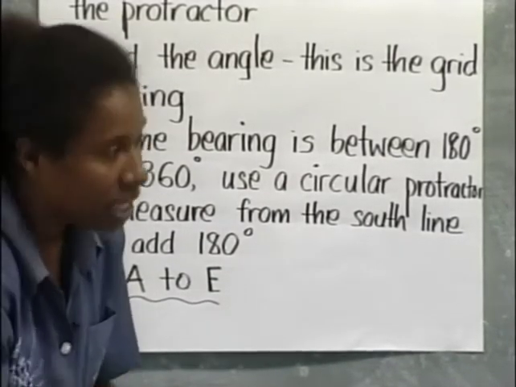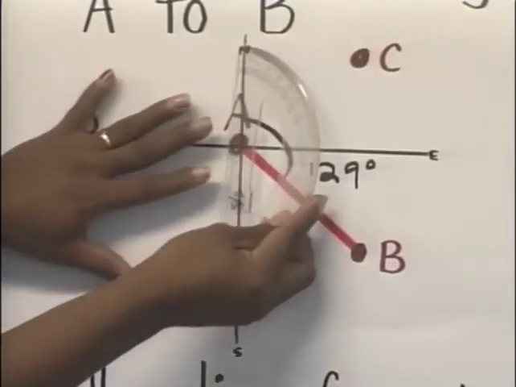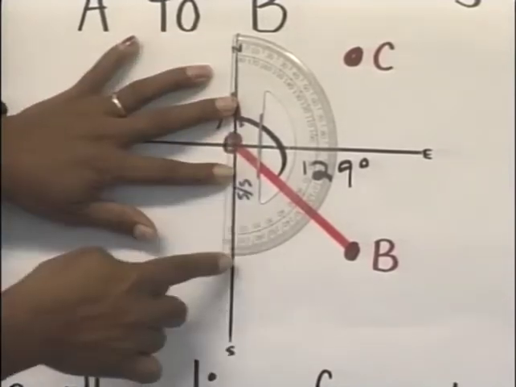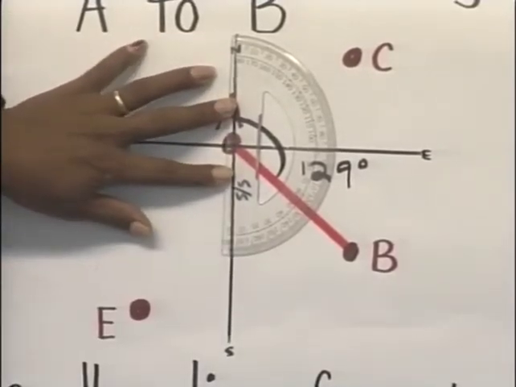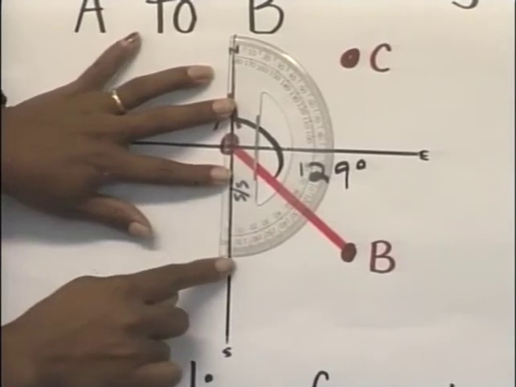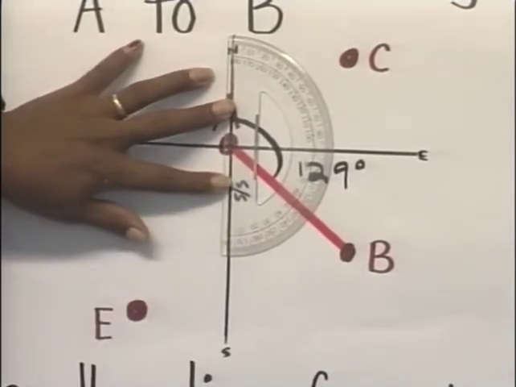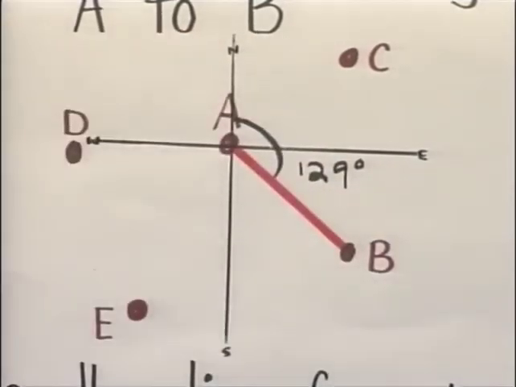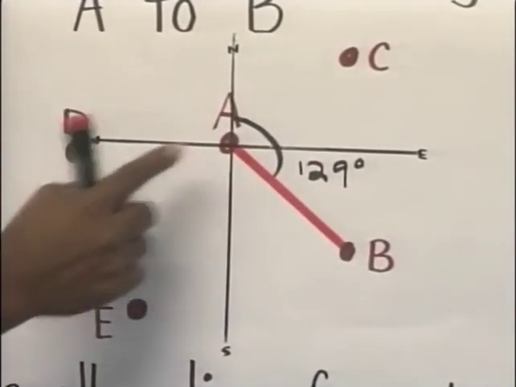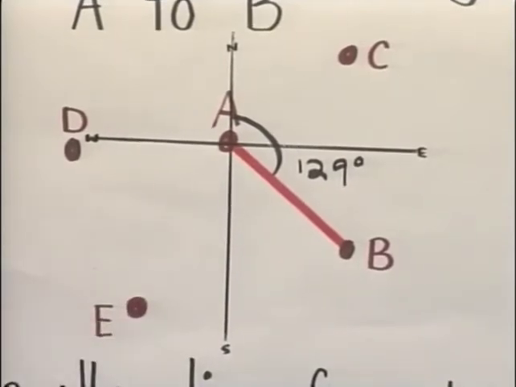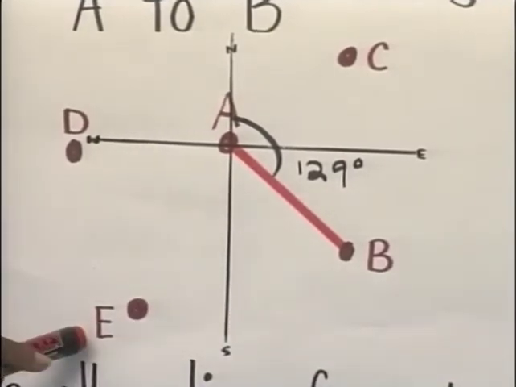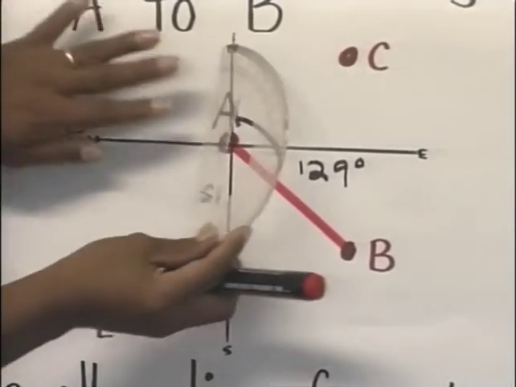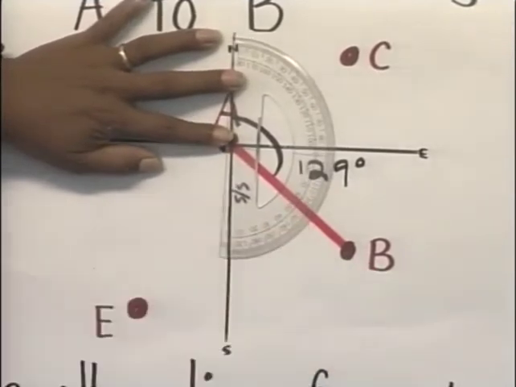And this is how it is done. I know already that if I put my protractor so that the baseline is parallel to the north and the south grid, all the way around to this point is 180. If, for example, I am trying to find the bearing of A to E, this time E is more than 180. My protractor will only go up as far as 180 if I place it there.